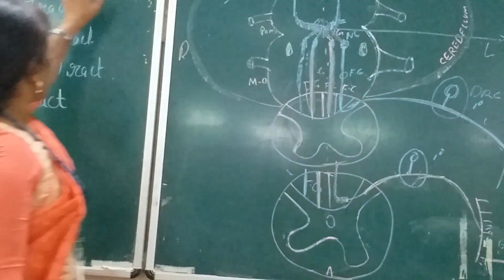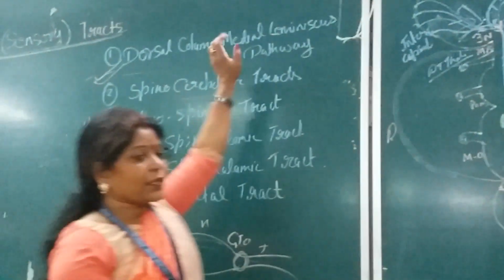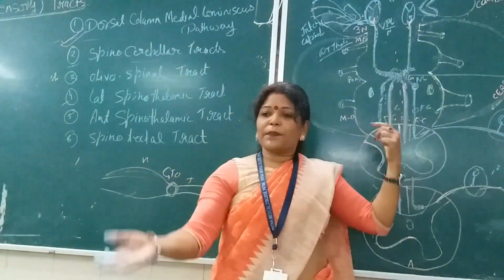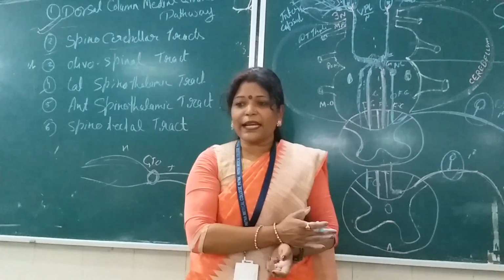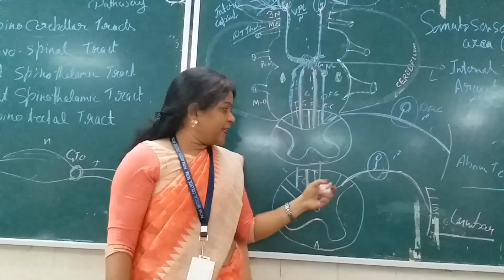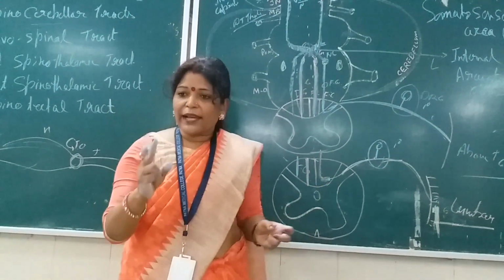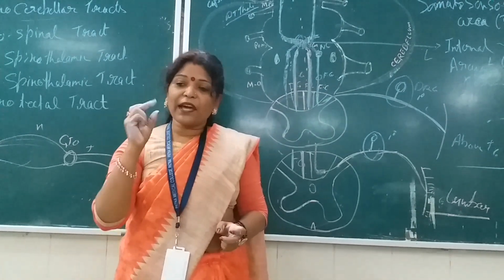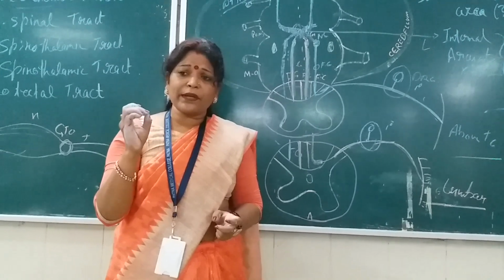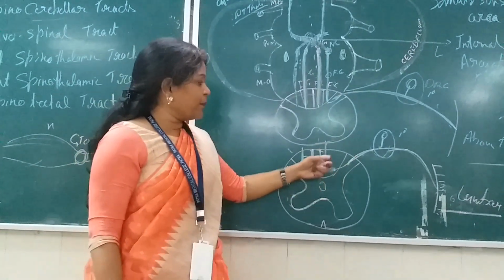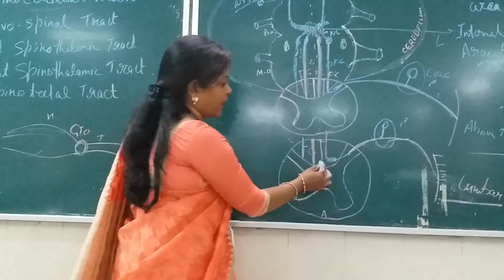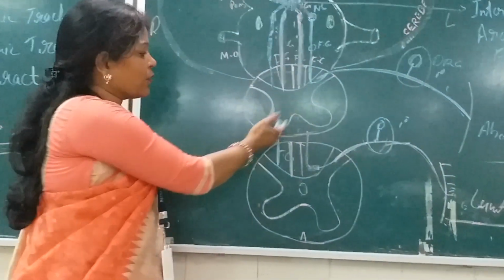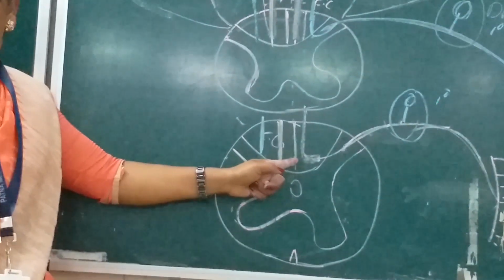This ascending pathway, the dorsal column medial lemniscus pathway, the fibers move to the opposite side, but not in the spinal cord. In the spinal cord, the dorsal column tract remains ipsilateral. A very important point you have to remember here. Look here, it is ascending upwards, but on the same side. It is not crossing this dorsal median septum here, isn't it?